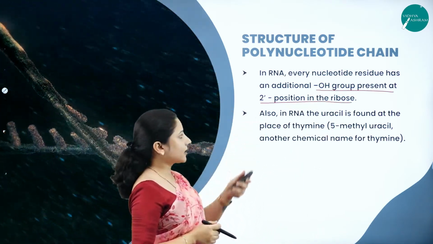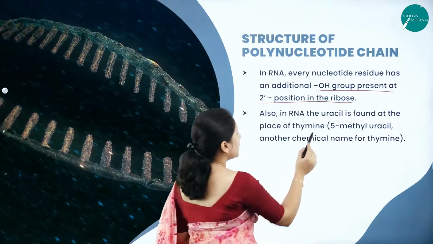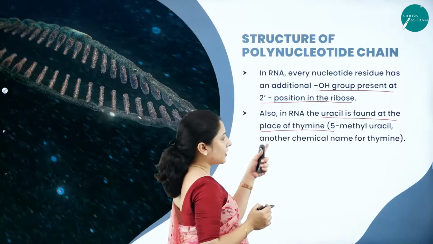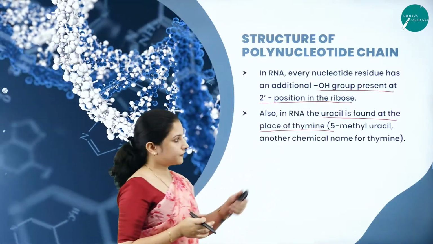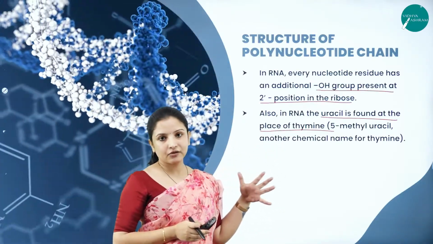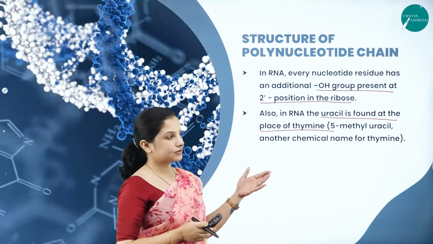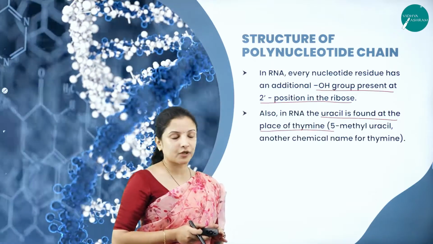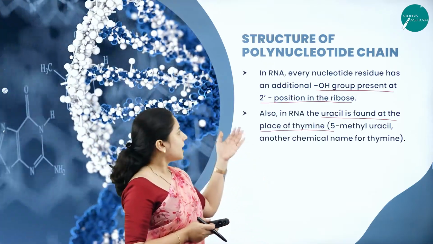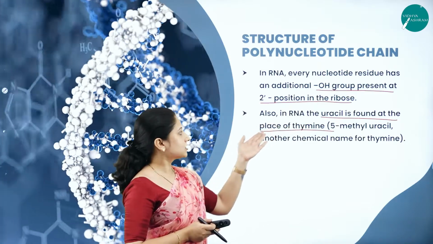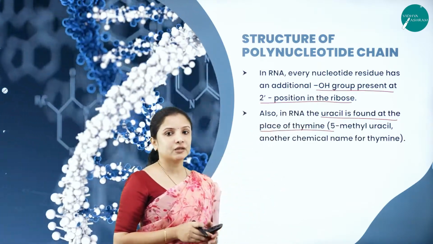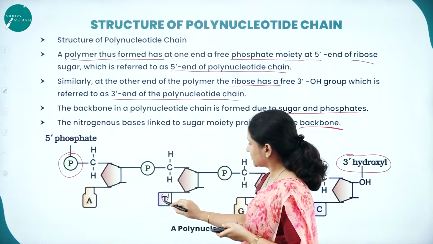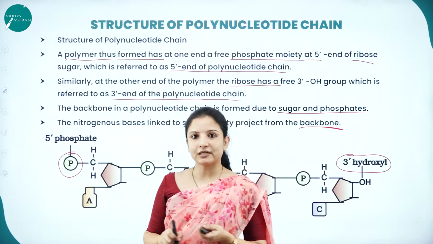And also in RNA, uracil is found in the place of thymine, so that is also one of the differences. Apart from that, the rest is all the same. Only an additional OH group is present in the 2' position of the ribose sugar, and uracil is found instead of thymine. That is the only difference.